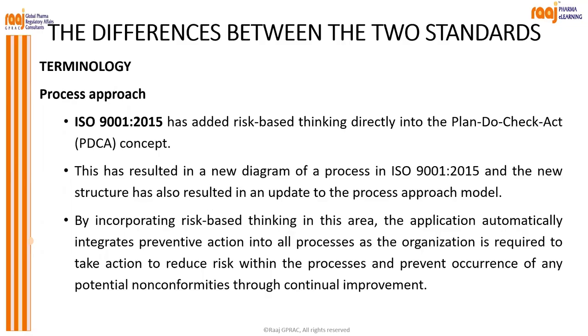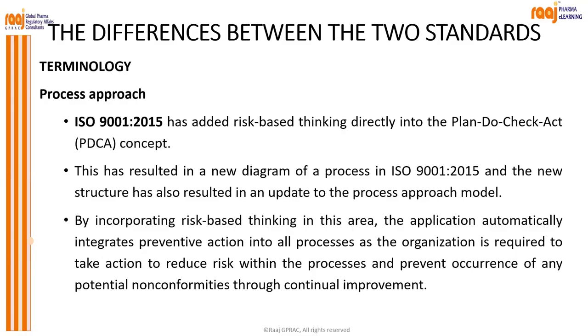But just remember that in both standards, we have to think about a risk-based approach, because your quality manual or your quality management system shows its effectiveness when we start thinking from risk-based thinking.